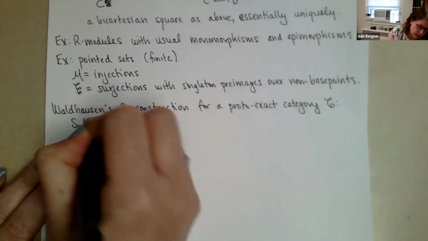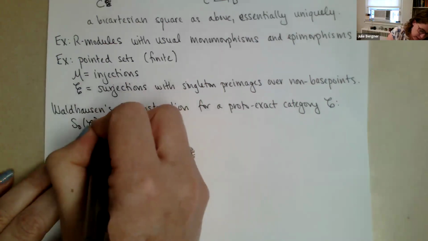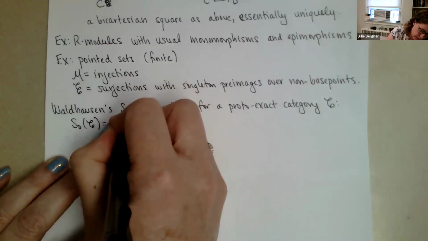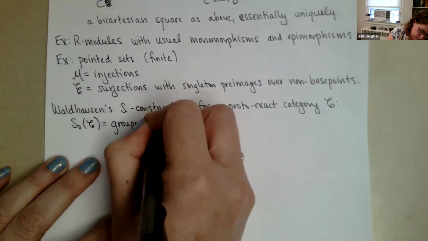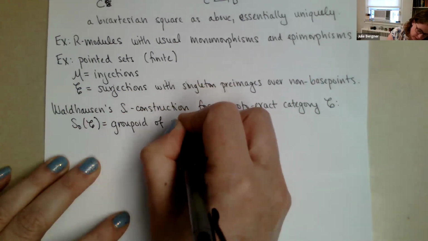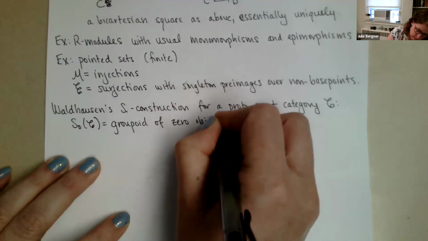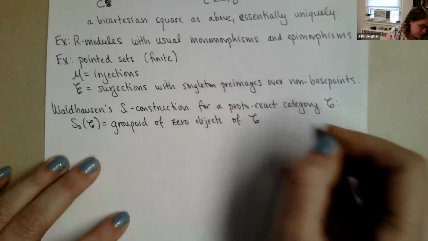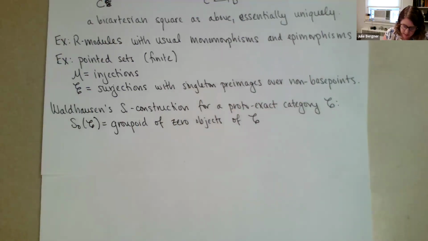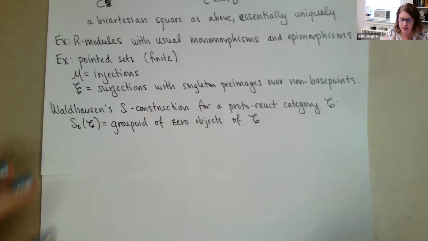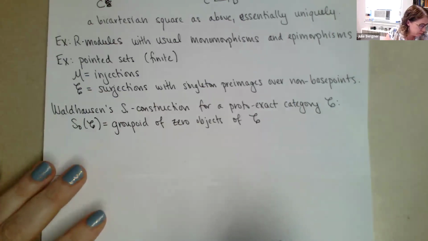So I'm going to take S0 of C. This is going to be the groupoid of 0 objects of C. If you take its geometric realization, it's just going to be some contractible space, because your 0 object may not be unique, but it's unique up to unique isomorphism.